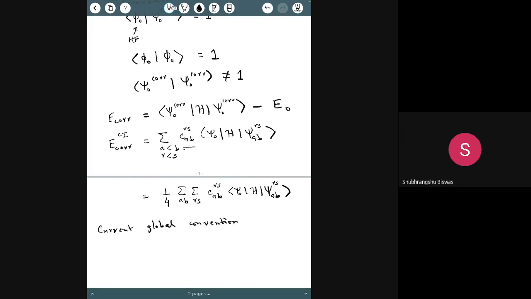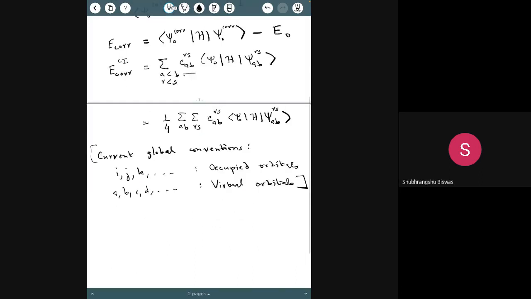So when you read recent papers, you will see that everyone uses the same, that I, J, K, these are the occupied orbitals, and A, B, C, D are the virtual orbitals. Okay. This is just an aside. Here AB is occupied and RS is virtual, following the convention of Szabo and Östlund.